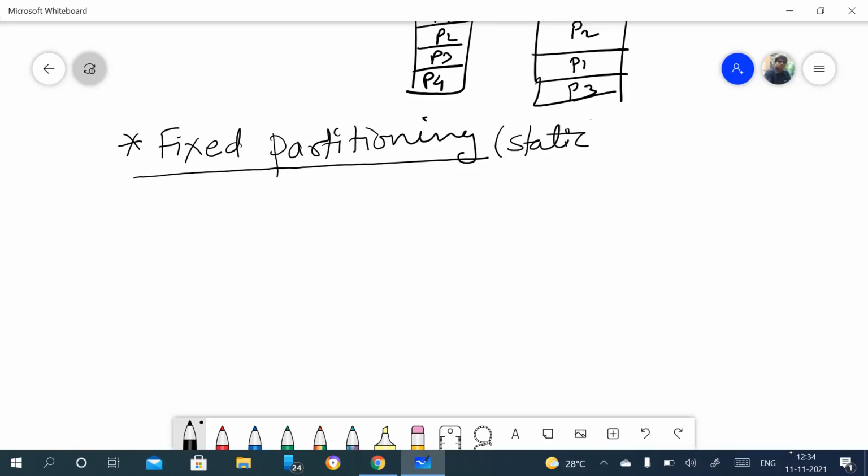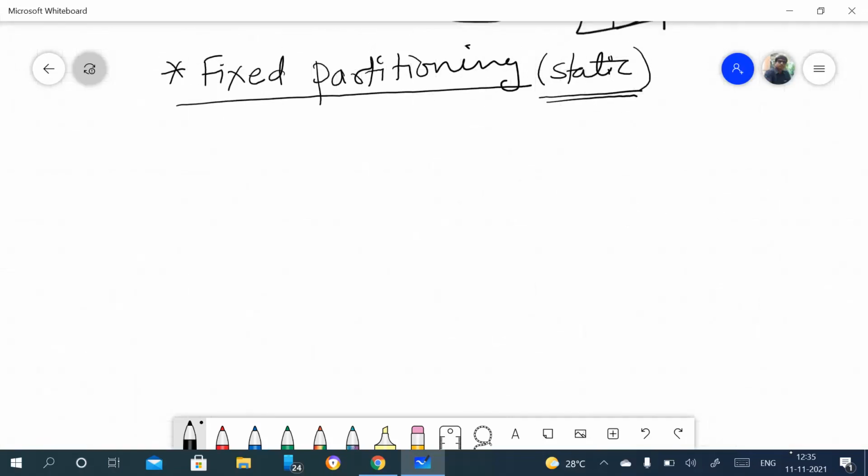I think you have an idea about the word static. In programming, if we reserve memory at compile time, that is static, and if we reserve memory at runtime, that is dynamic. This word is used in operating systems too. Before bringing the processes into the memory, we first keep the size fixed.